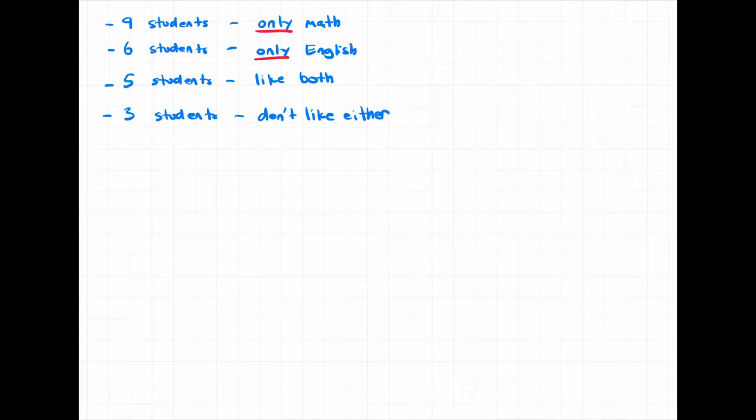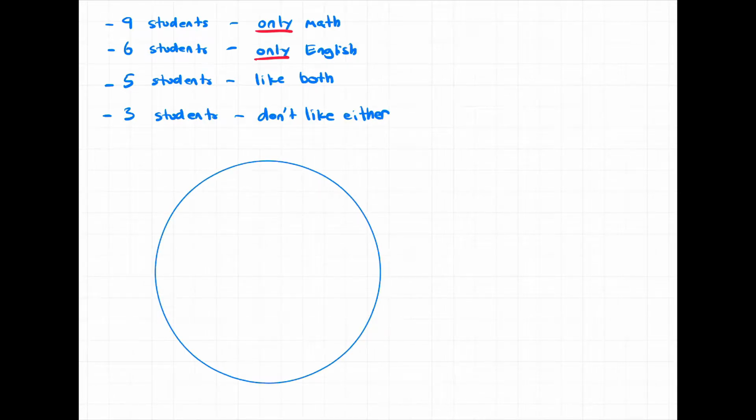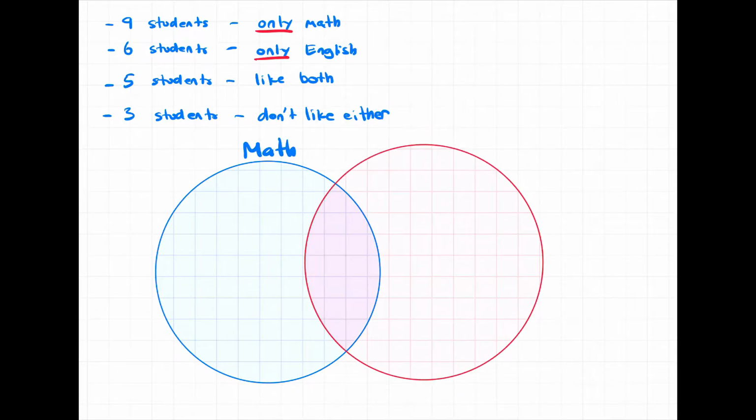So we'll start with a blue circle right here, and that can be math. And then we'll grab another color like a red circle right here, and that can be English. And then we're going to start filling in the numbers. Anything that's in this section right here is only math.